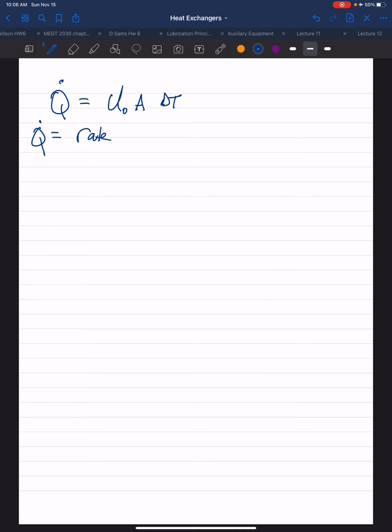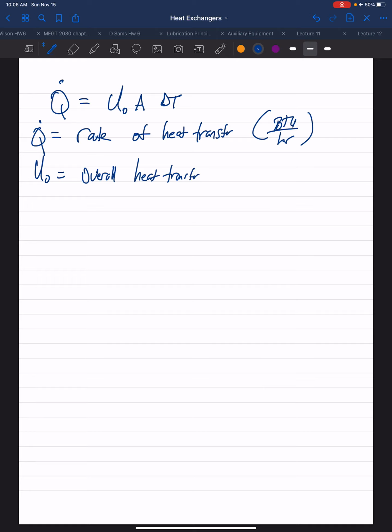So rate of heat transfer, typical units, say BTUs per hour. U sub O is the overall heat transfer coefficient.